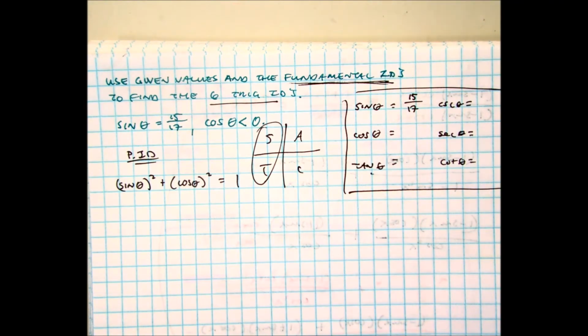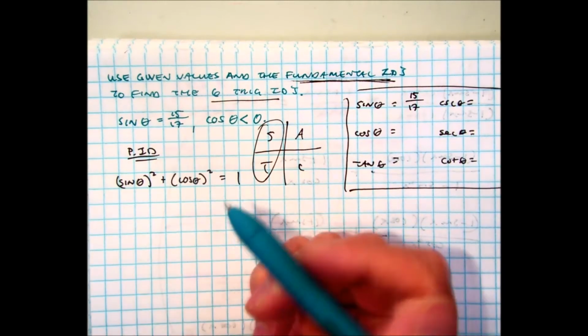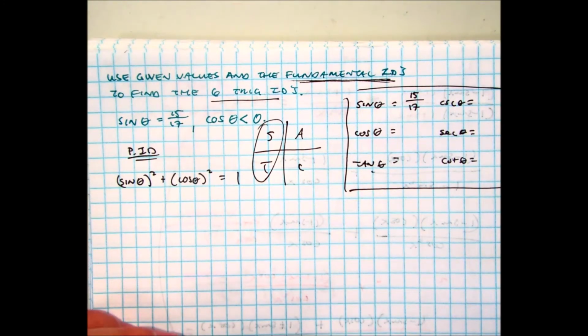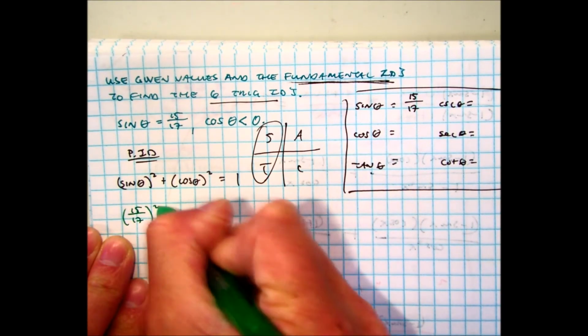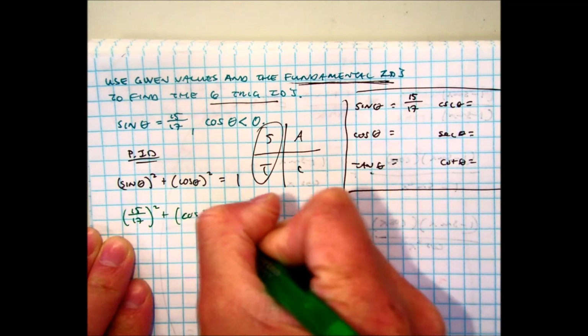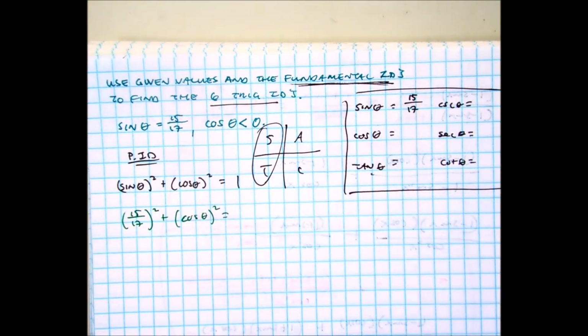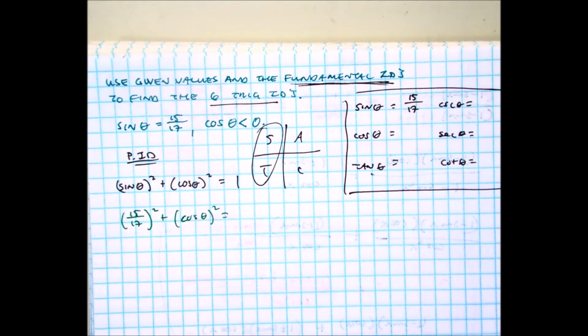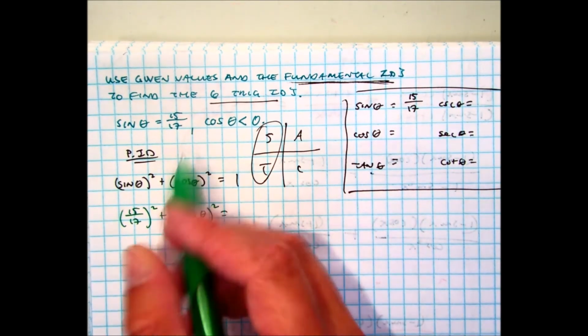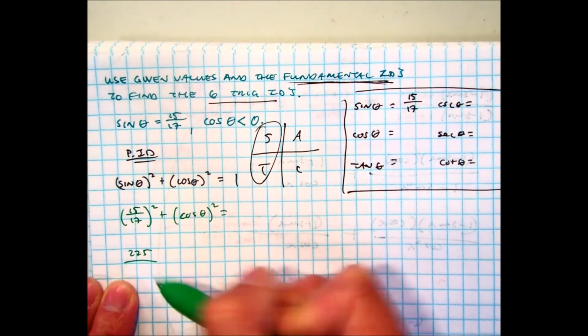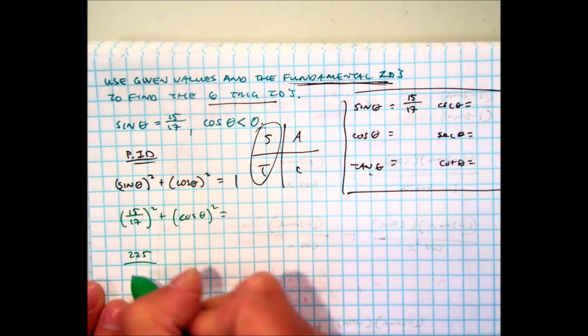And we're just going to put in sine now, substitute it. So now I have 15 over 17 squared plus cosine theta squared. And now I'm going to turn 1, I'm kind of thinking ahead. So 15 squared gives us 225. 17 squared gives us 289.